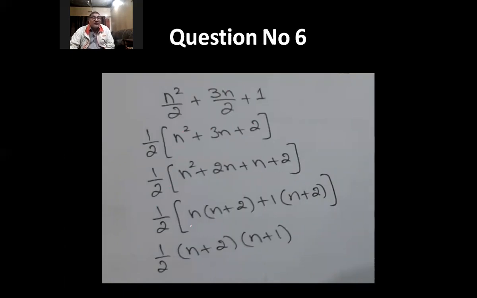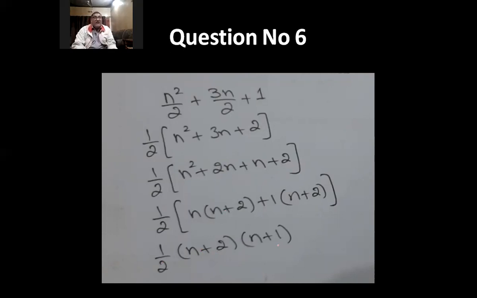From the first two, n can be taken as common, and from the last two, 1 is common, so you get n plus 2 in both. So you will have 1 by 2 into n plus 2 into n plus 1. This is how you will find the nth term of that sequence.